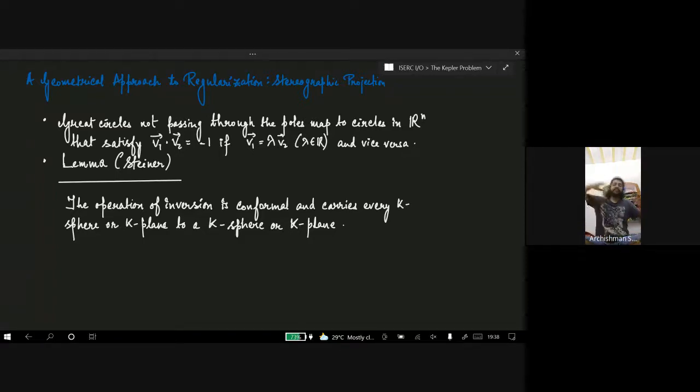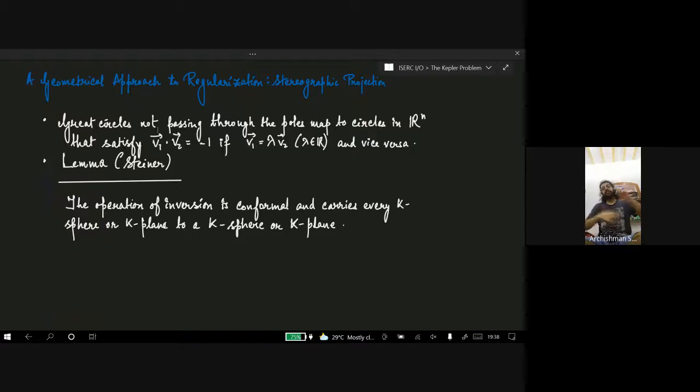What this means, or you can actually explicitly show this, is that if you do not have a sphere that passes through the center of the sphere of inversion, then that maps to a sphere. And similarly, if you do not have a plane that passes through the center of inversion, then this maps to a plane.